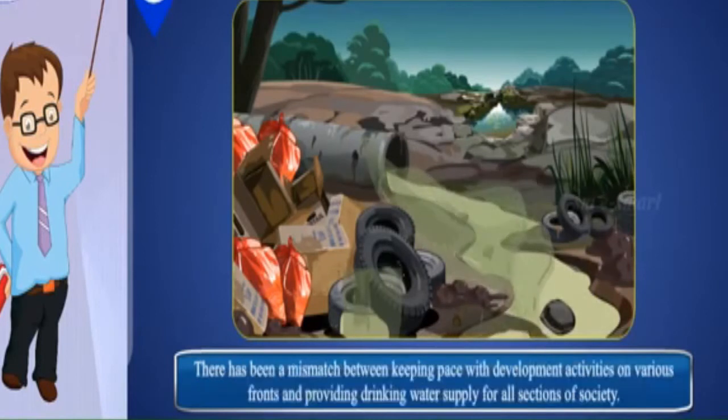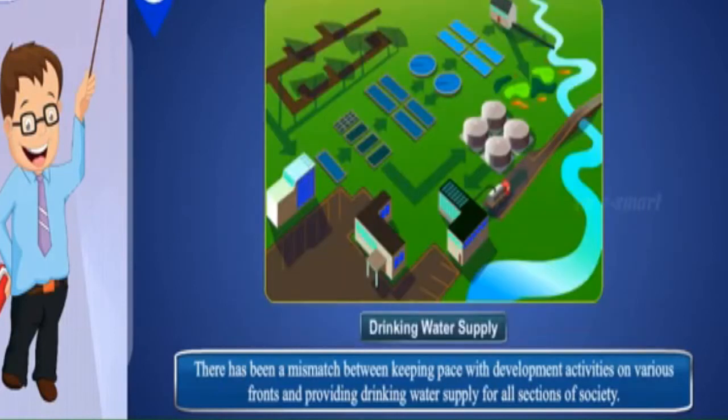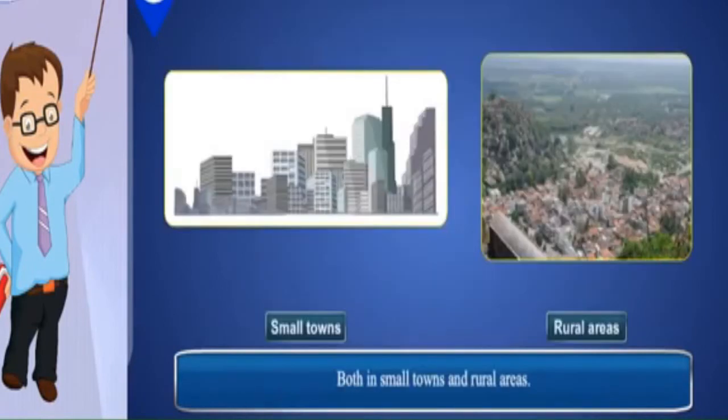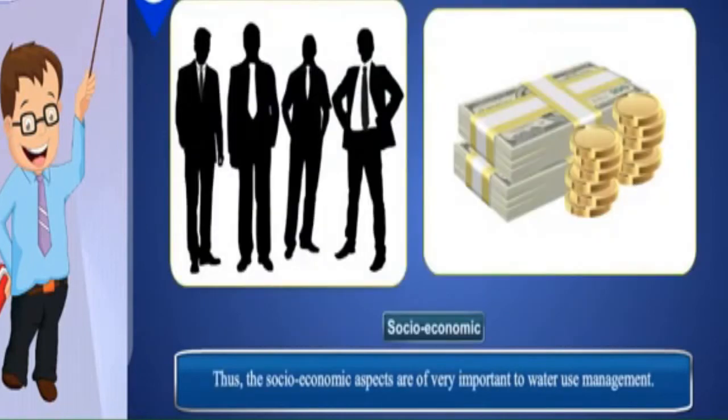There has been a mismatch between keeping pace with development activities on various fronts and providing drinking water supply for all sections of society, both in small towns and rural areas. Thus, the socio-economic aspects are very important to water use management.